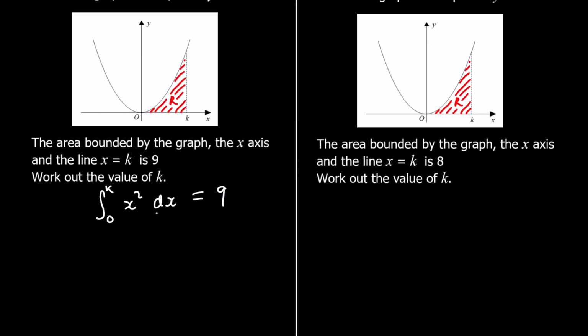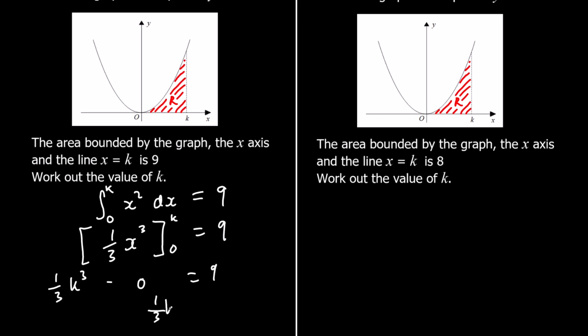So integrate, add 1 to the power, divide by the new power. Got the limits between 0 and k. Then we substitute in. So a third times k cubed minus a third times 0 cubed, which is 0, equals 9.